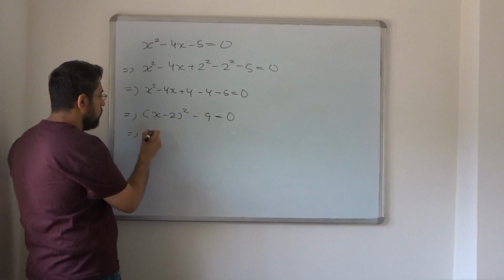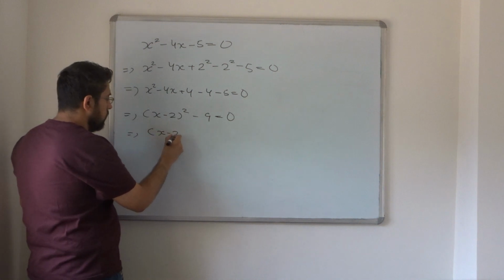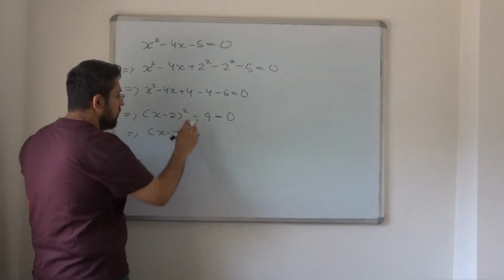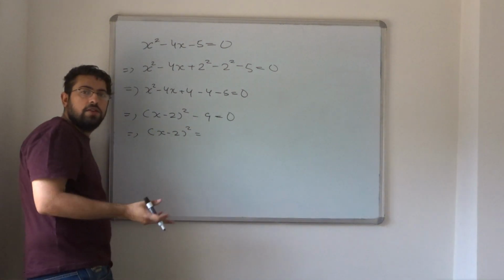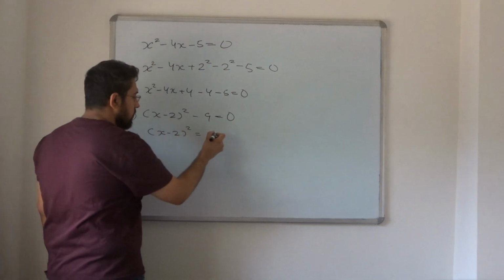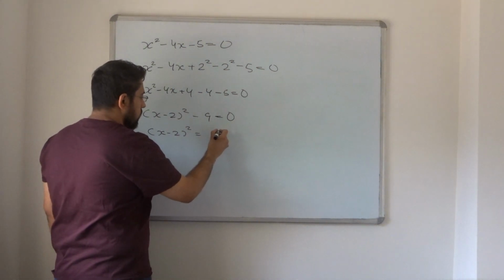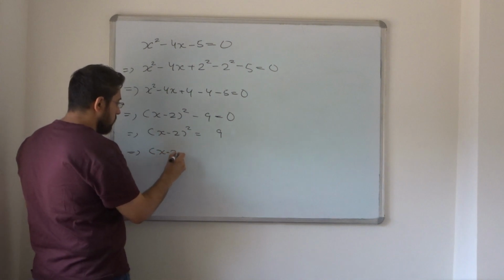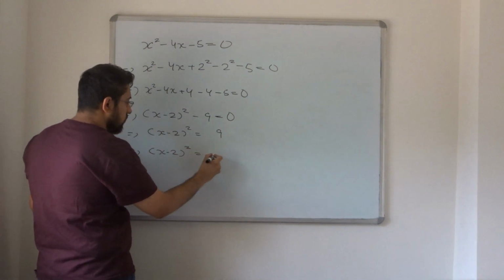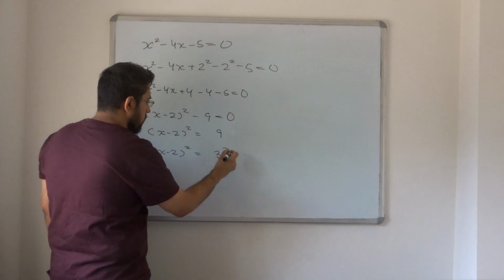Now you can transpose 9 to the other side. Because it's negative on the left hand side, on the right hand side it's going to be positive. So 9, and now you have x minus 2 squared, which gives you 3 squared.